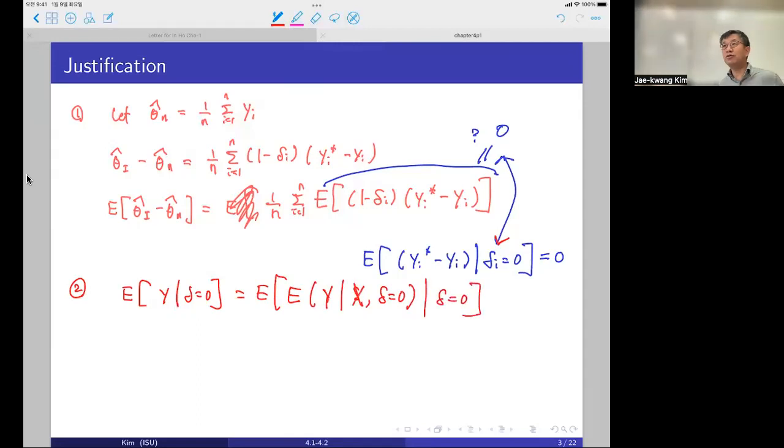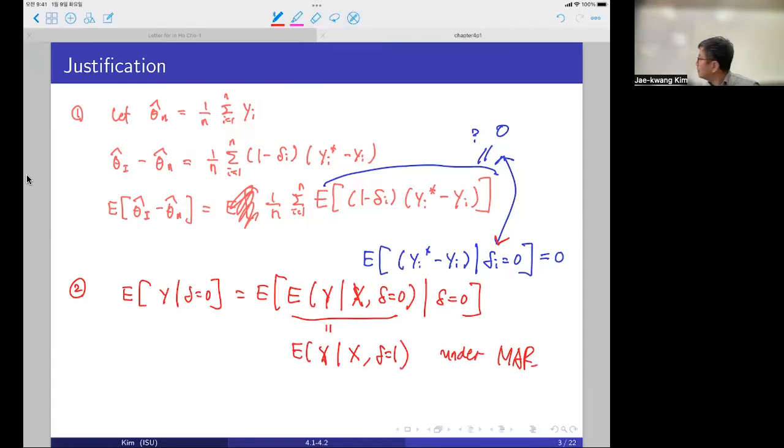If you do it this way, then this is equal to Y given X and delta equal to 1 under MAR. So conditional on X, these two distributions are equal.